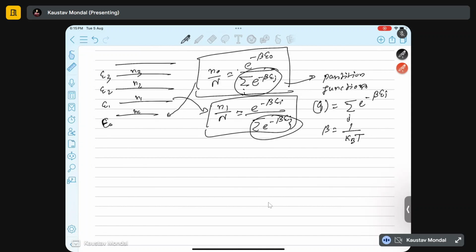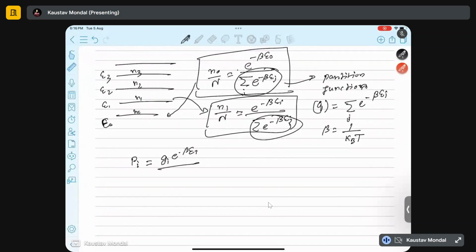Let's call pi the probability of the number of particles in the ith state. That would be simply e to the power minus beta ei divided by q.